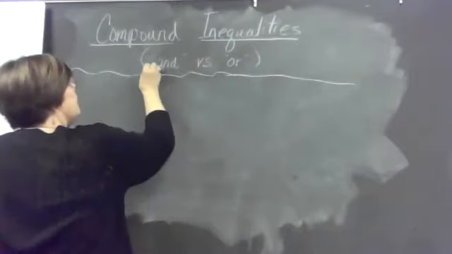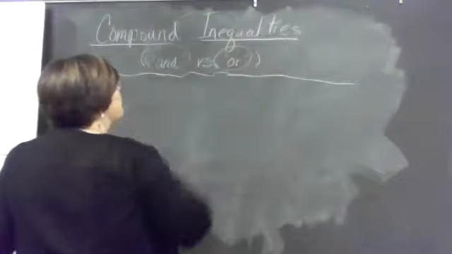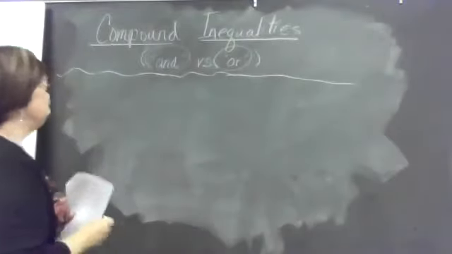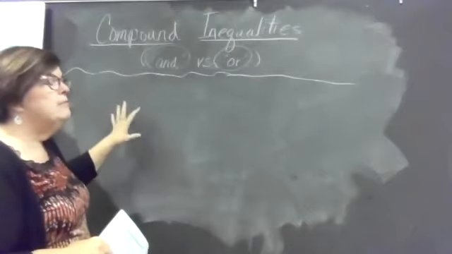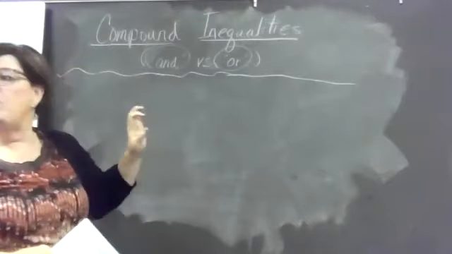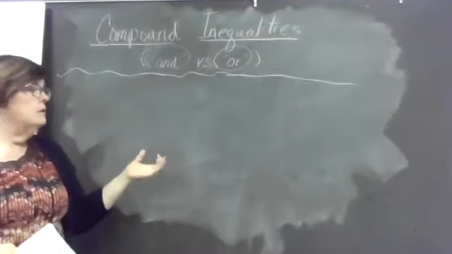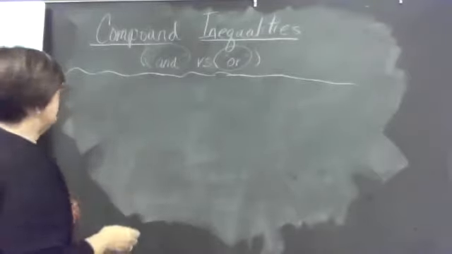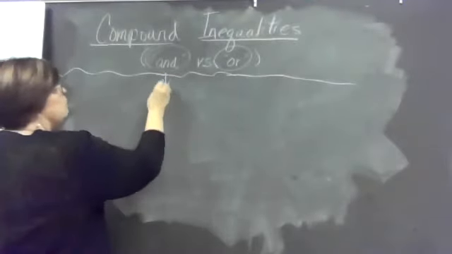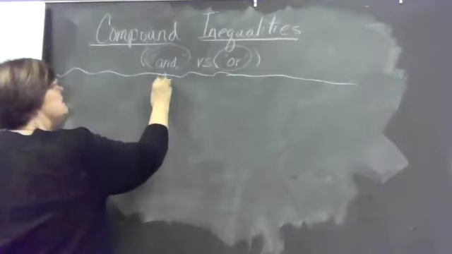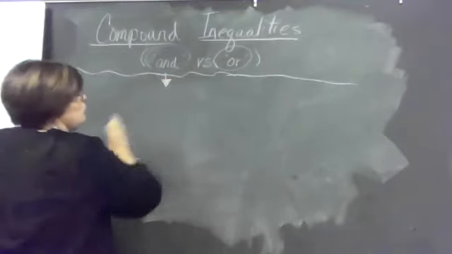First, we need to talk about and or or. Your compound inequalities will have two problems connected by either an and or an or, okay? And sometimes they will write the word and, or they just won't have any word.